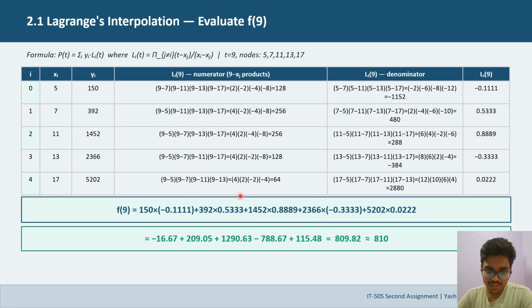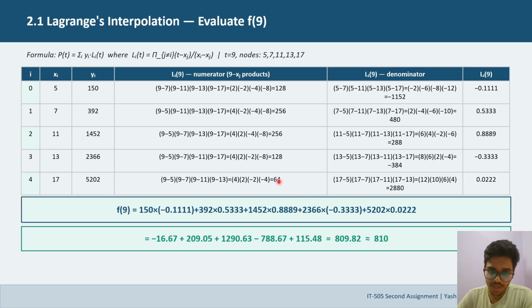So our final answer of f of 9 equals 150 times minus 0.1111 plus 392 times 0.53333 plus 1452 times 0.8889 plus 2366 times minus 0.3333 plus 5202 times 0.02222.